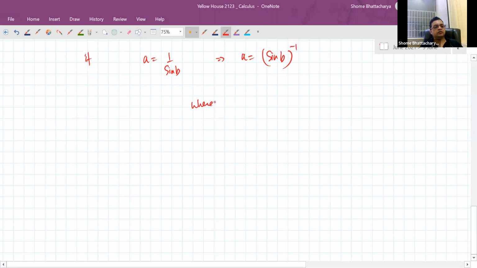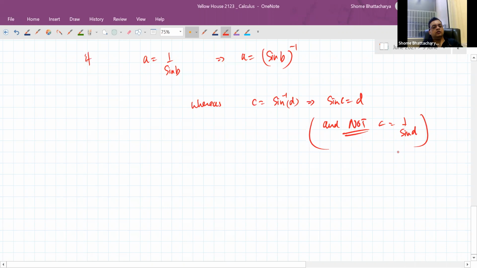If I write C is equal to sine inverse of D, that means sine C is equal to D, and not that C is equal to 1 upon sine D. If I want this, then I should write C as (sine D) whole to the power minus 1.